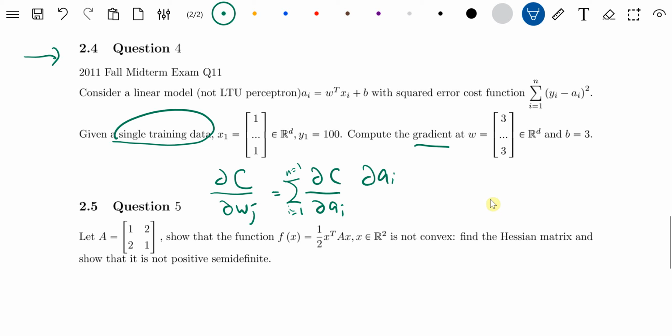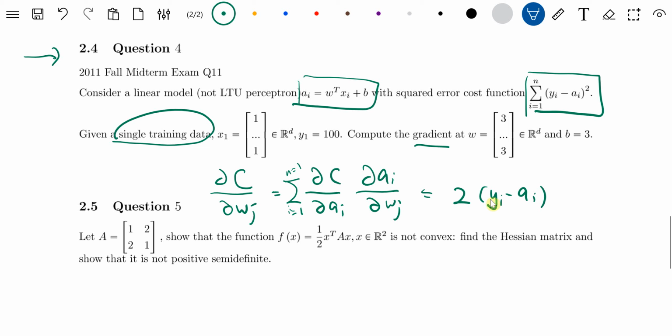So dA dwj. So c with respect to a is this thing with respect to a, so it's twice y minus a, and a with respect to w is this one, so it's xi.